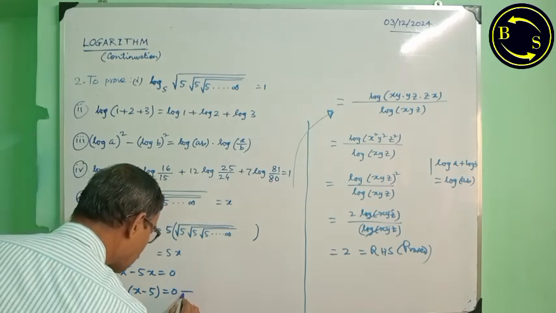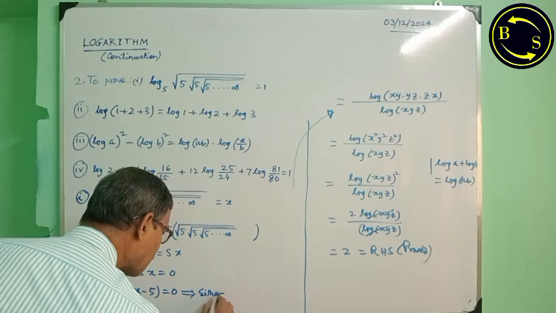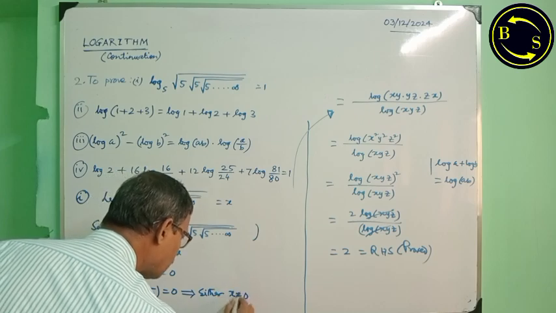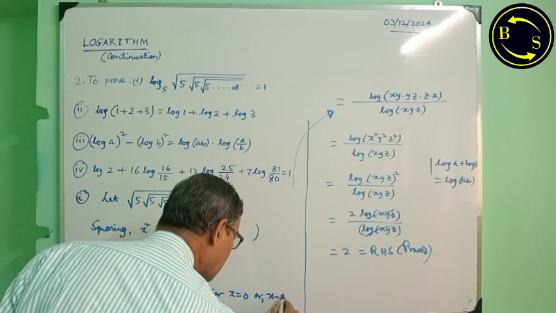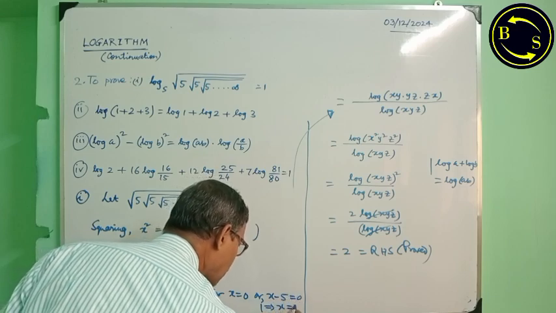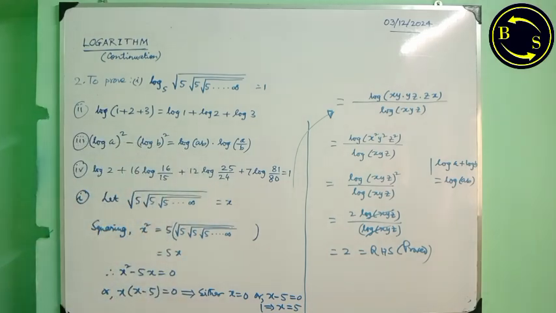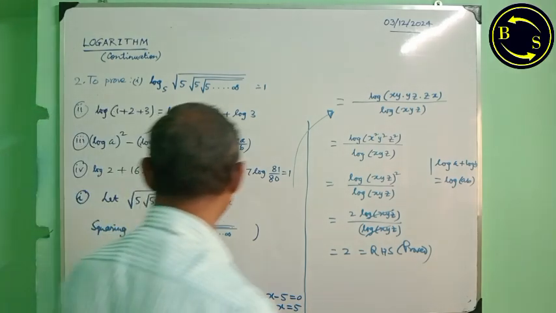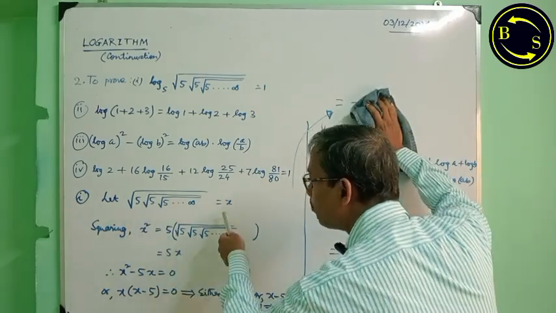From it, we can conclude either x equal to 0 or x minus 5 is equal to 0. From it, we get x equal to 5. Now, x cannot be 0 as it is the square root of some positive number.